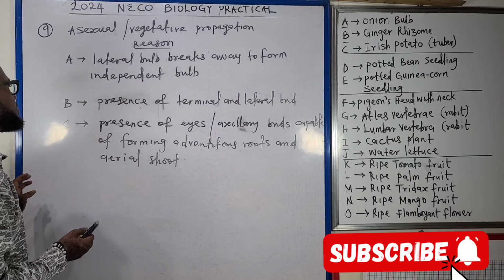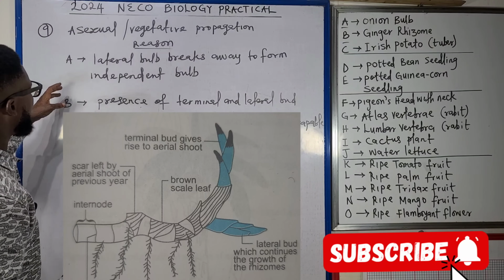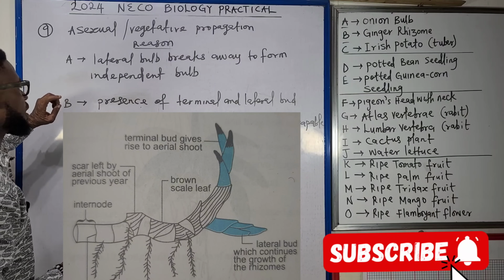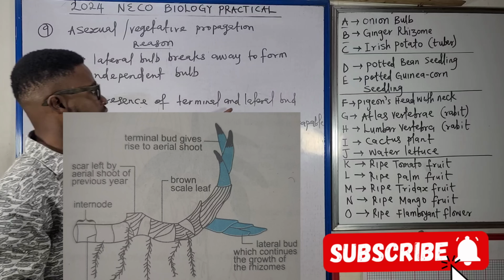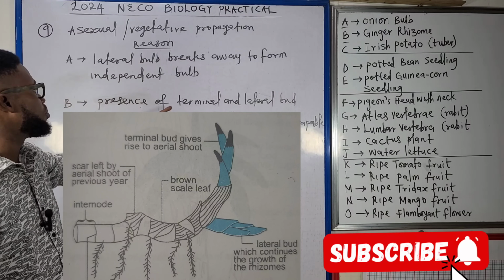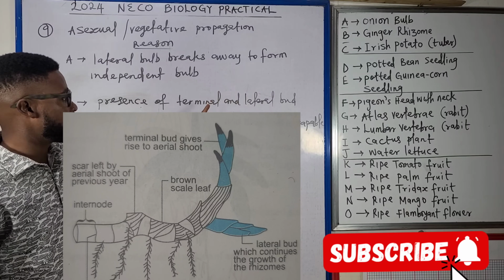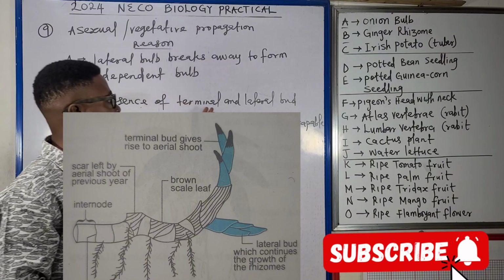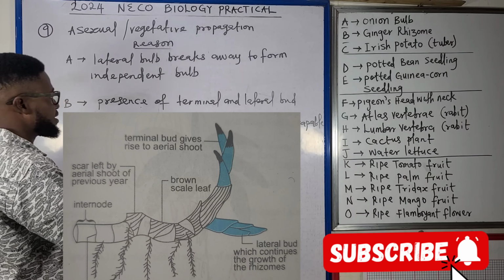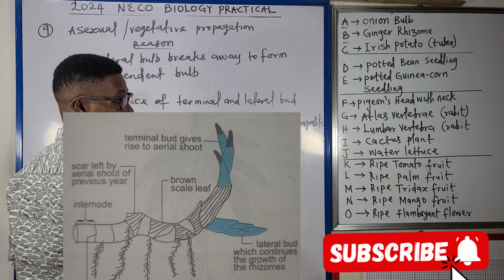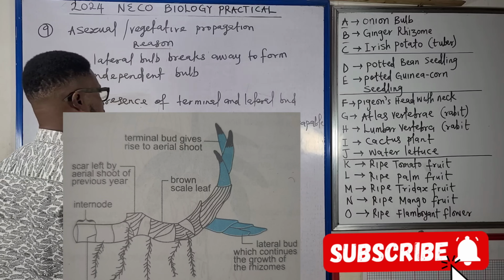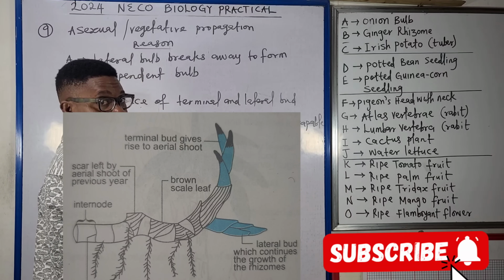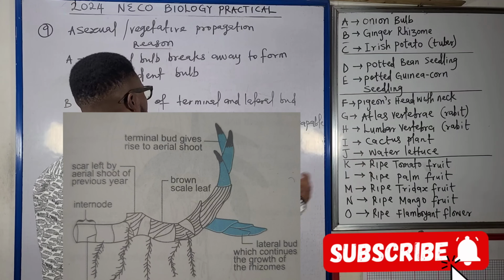Talking about specimen B, why do I think it can reproduce asexually or via vegetative propagation? It is the presence of terminal and lateral bud. Remember that the terminal bud in a ginger rhizome is to manufacture food via photosynthesis, while the lateral bud ensures that the rhizome continues to grow horizontally, so that when the old rhizome dies, the lateral bud continues the growth, and we have a new rhizome.